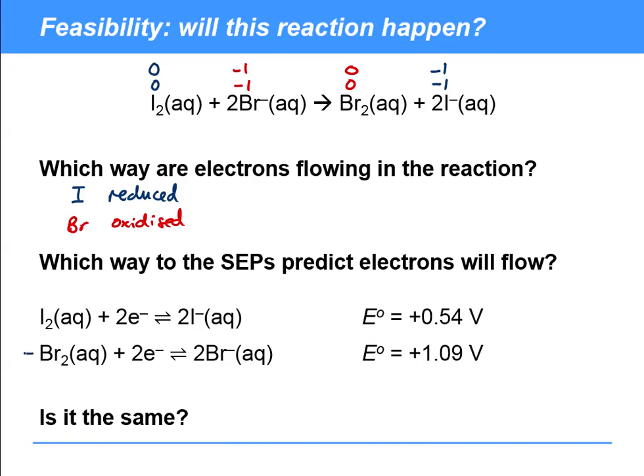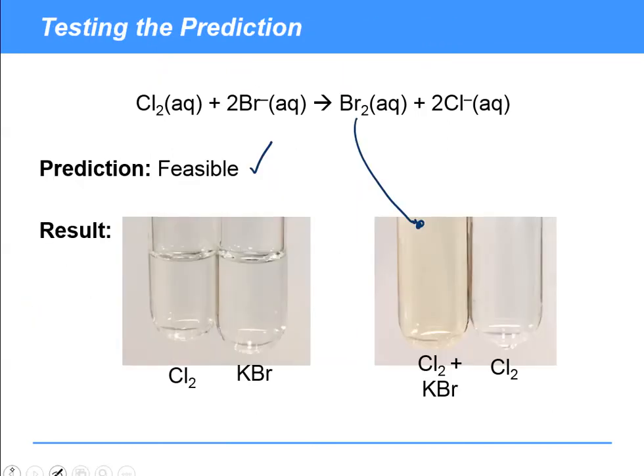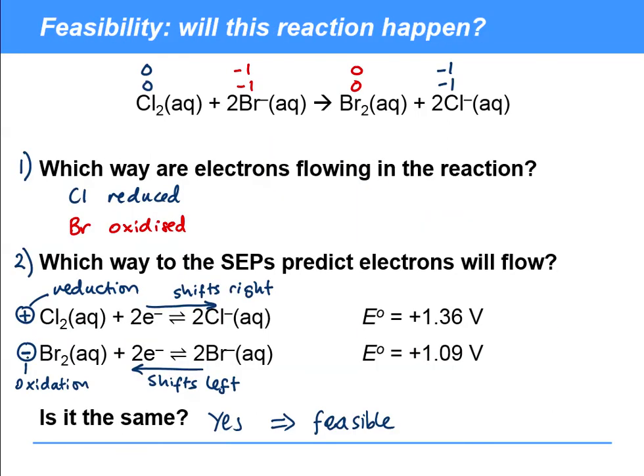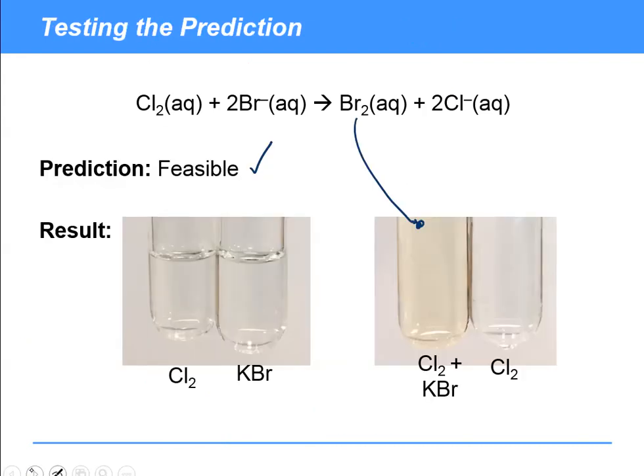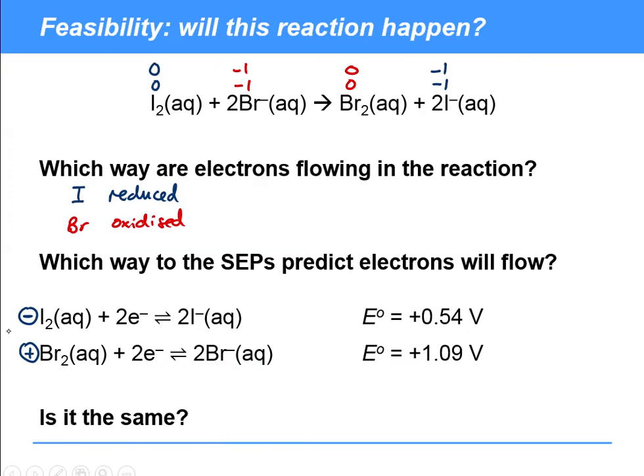So this will now become the positive electrode, and the iodine will be the negative electrode. So a contrast. We go back here, the bromine was the negative electrode. Here, it's the positive electrode. So that means actually bromine will tend to be reduced, and iodine will tend to be oxidized.